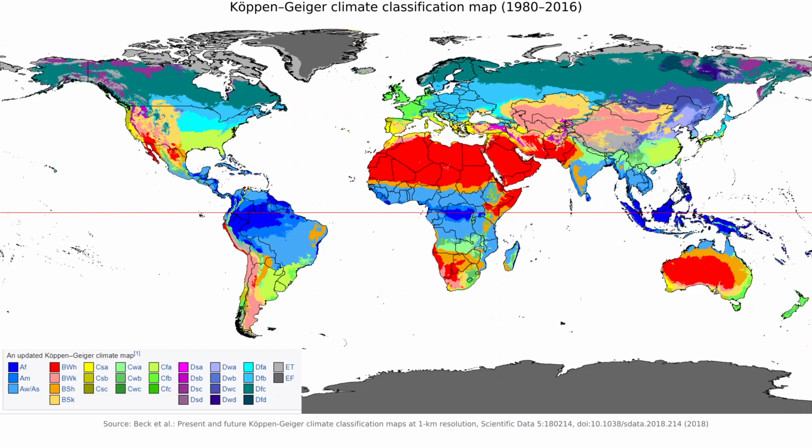Then As is dry summers and Aw is dry winters. Then we have the BWH, which is the regions of Rajasthan and Kutch. Then we have BSH, that is the dry type of climate.